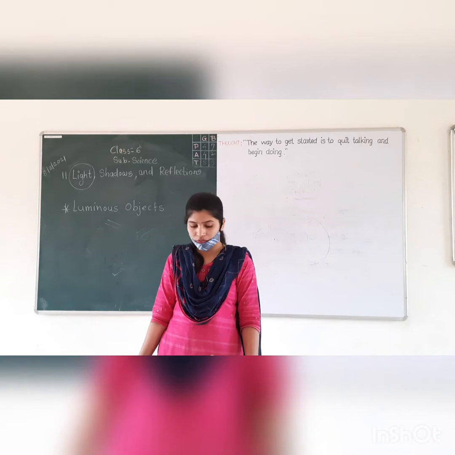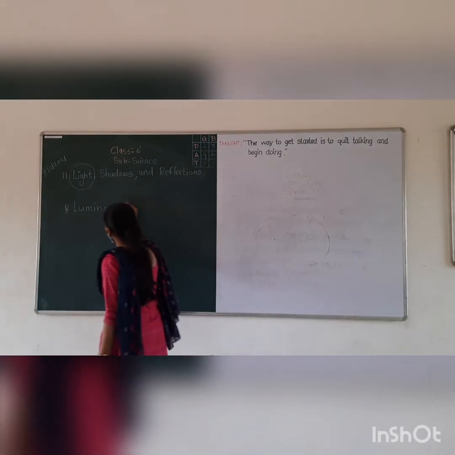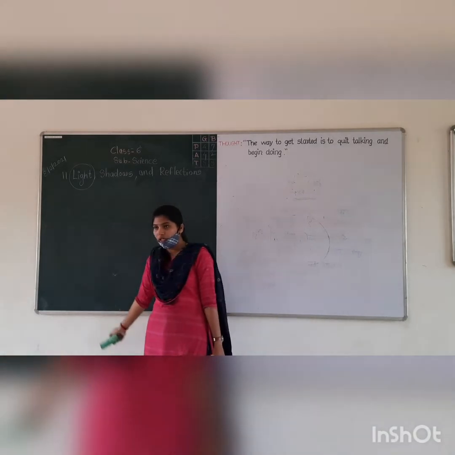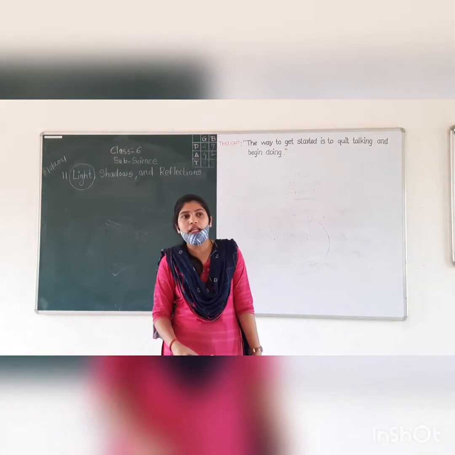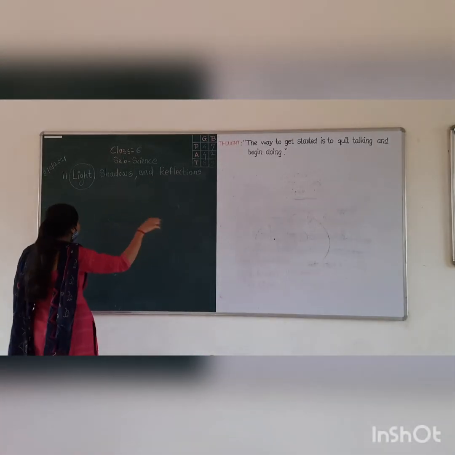Understood? Sure? Now the first point of our lesson is transparent objects, translucent objects and opaque objects. So make 3 columns.